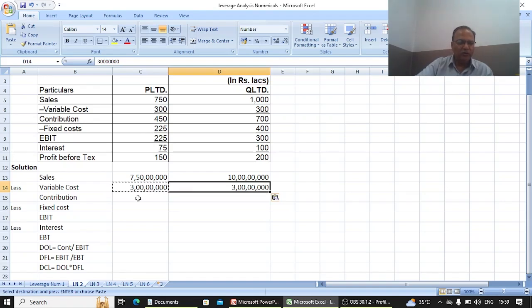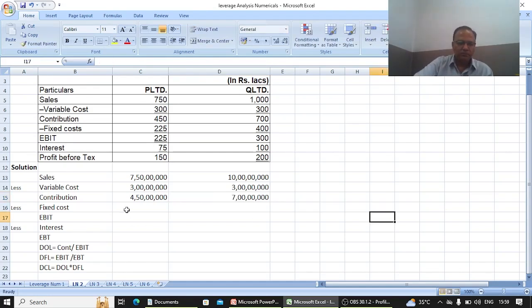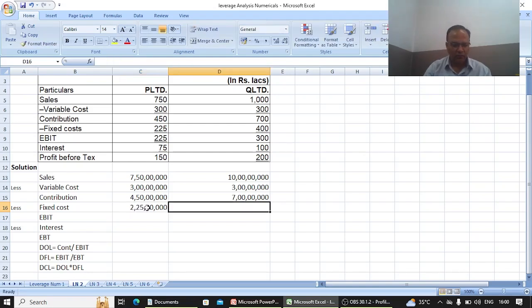Now deduct variable cost, it will be 450 and 7. Fixed cost 225 and 400.